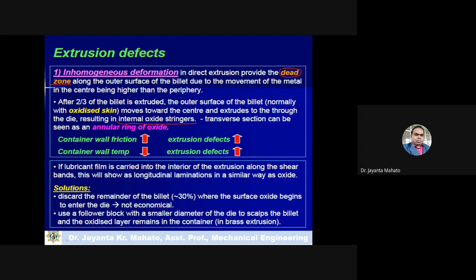Okay, so what happened? The oxides at the outer surface will move towards the center, and this can cause internal oxide strings. These are a type of defect in the extrusion process.